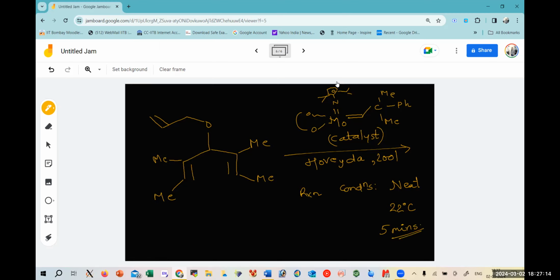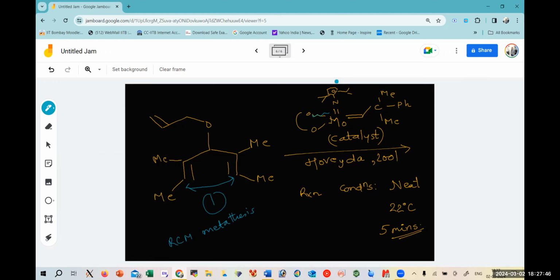Here we now see two possibilities, as there are two types of systems. These two alkenes can go, this is the first possibility which can undergo the metathesis, RCM. The highlighting point is, if you see over here, there is no chiral center, but I don't know what direction or what kind of orientation it is going to take.